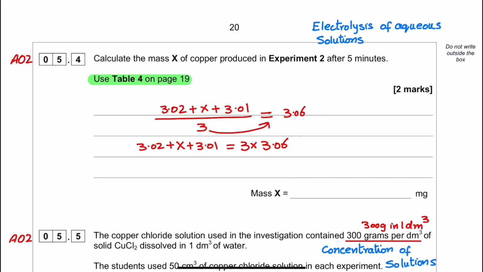When we solve these values, x is 3.15. So 3.15 is the value of x in experiment number 2 for the time of 5 minutes.